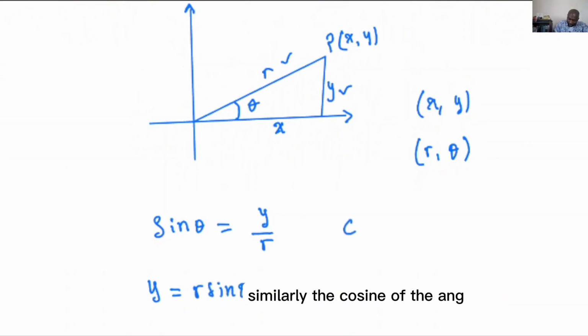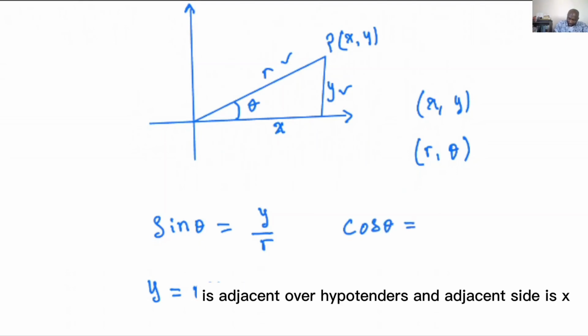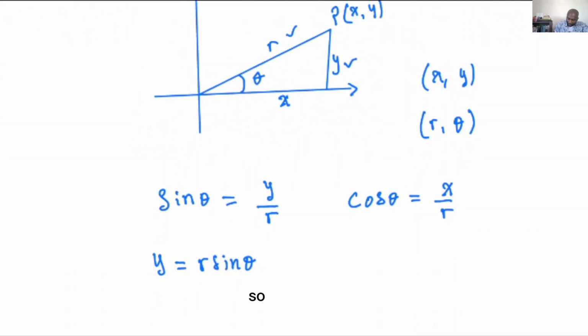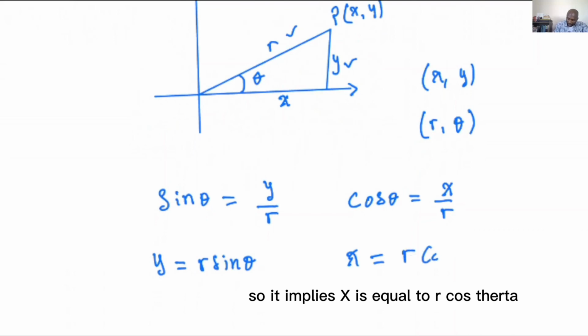Similarly, the cosine of the angle theta is adjacent over hypotenuse, and the adjacent side is x divided by the hypotenuse, which is r. So it implies x is equal to r cos theta.